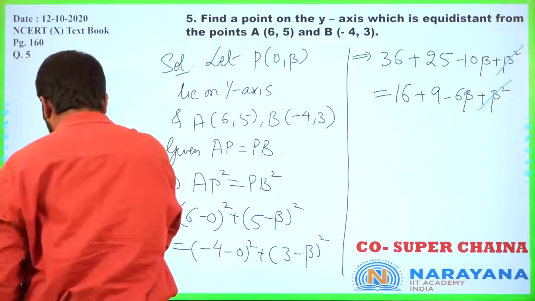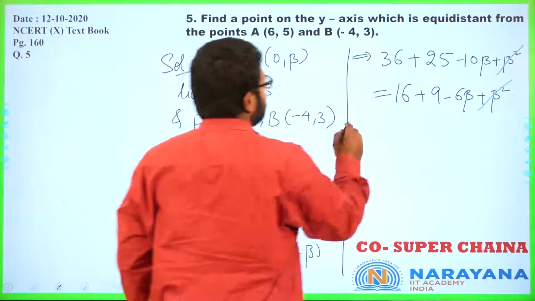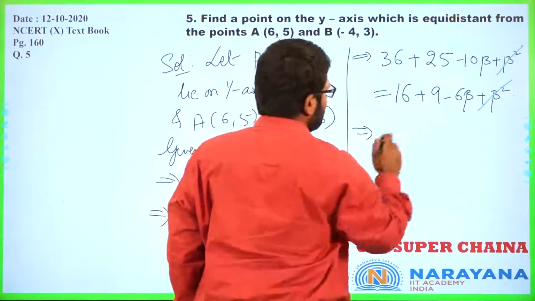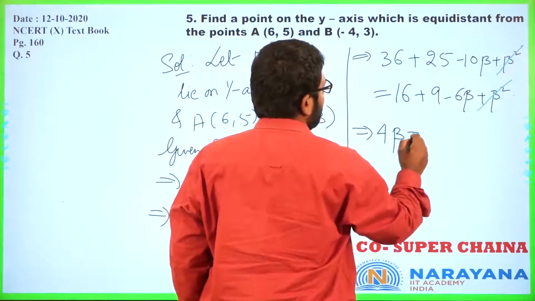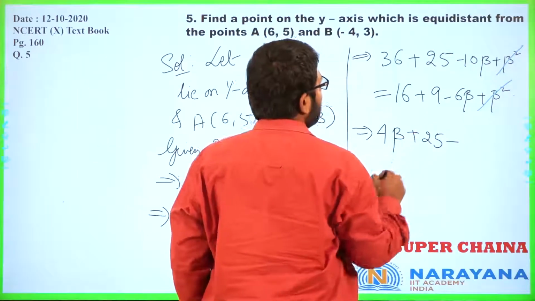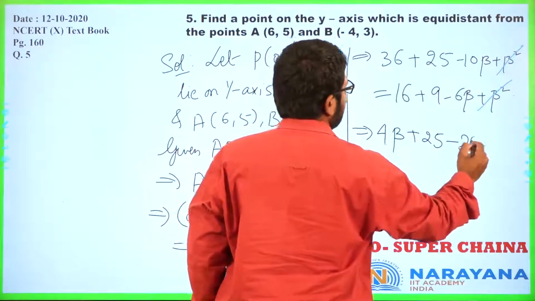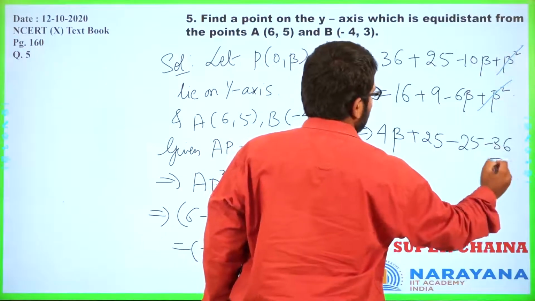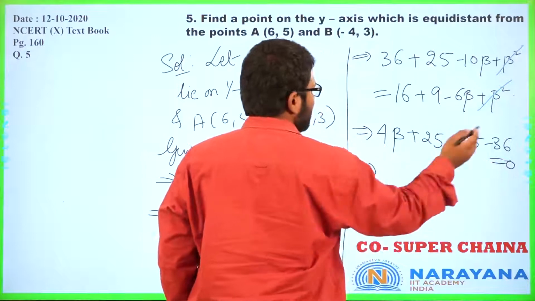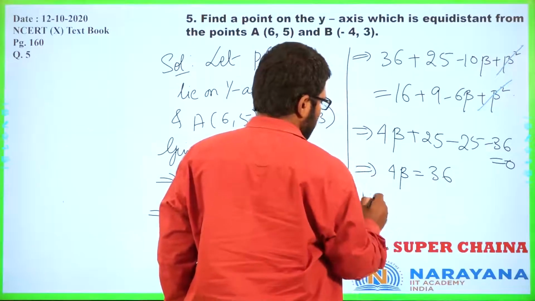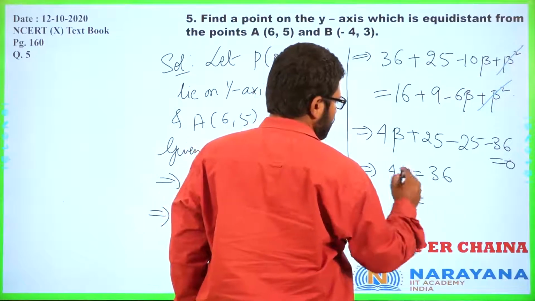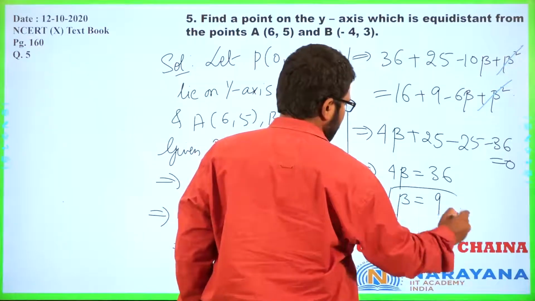Okay? So, which means bring everything to RHS, 10 beta minus 6 beta, 4 beta plus 25 minus 36 equal to 0. 4 beta equal to 36, or beta is 36 by 4, 9.